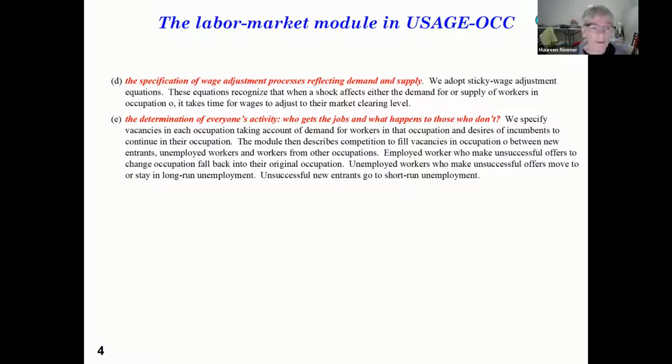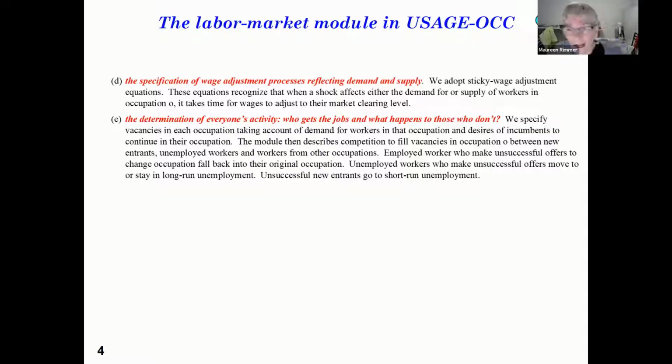So first of all, we think about vacancies and we work those out by taking demand for workers in a particular occupation and subtracting the desire from the incumbents to continue in that occupation. They're the vacancies. The model then describes competition to fill vacancies in occupation O between new entrants, unemployed workers and workers in other occupations. So there's competition to fill the available vacancies.